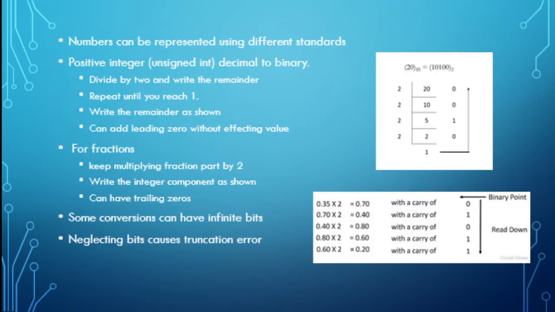When it comes to representing numbers, there are different methods you can use. If your number is a positive integer, or in short an unsigned int, the easiest way is to do a conversion as shown in the figure. I'm sure you have covered something similar during your physics course at advanced levels.